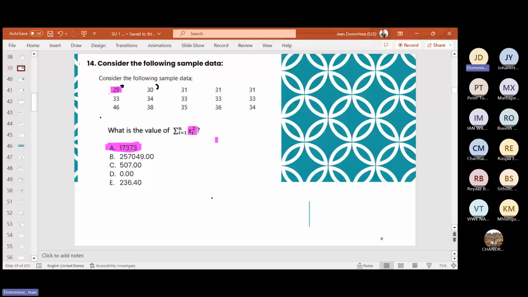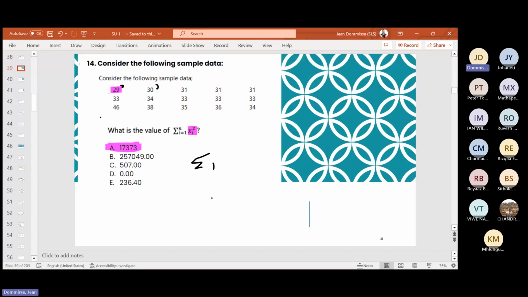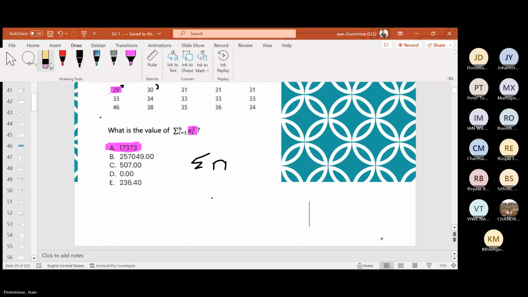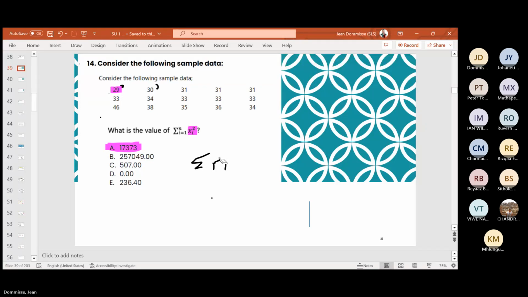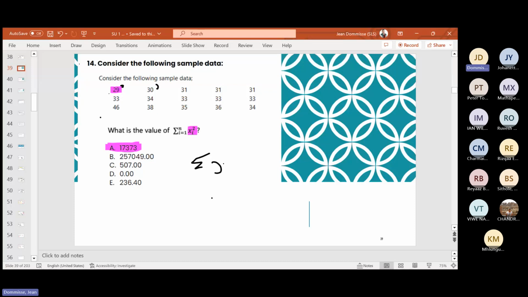So what they can do is, if you needed to work out the mean, it is the sum of the x's divided by n.